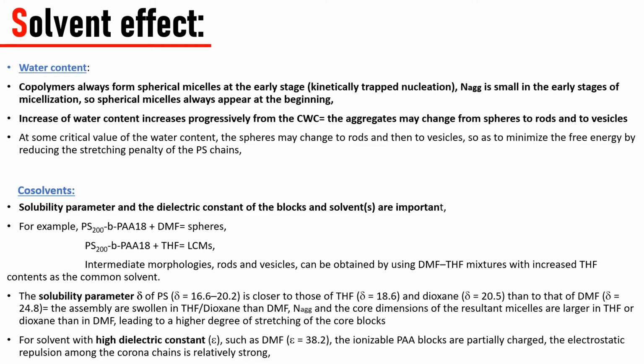For example, by using block copolymers, polystyrene 200 block polyacrylic acid 18, by using DMF, they got spheres. But when they used THF, they got LCMs, inverted micelles. So by tuning the ratio THF-DMF, they tune the morphology between spheres, rods, then vesicles.